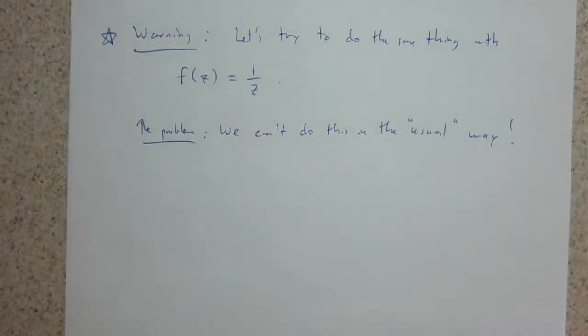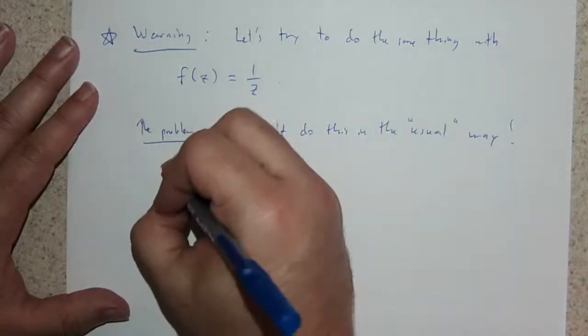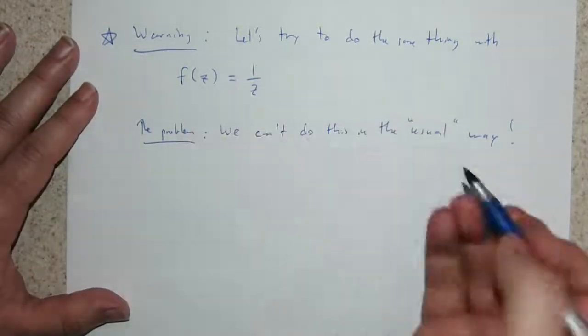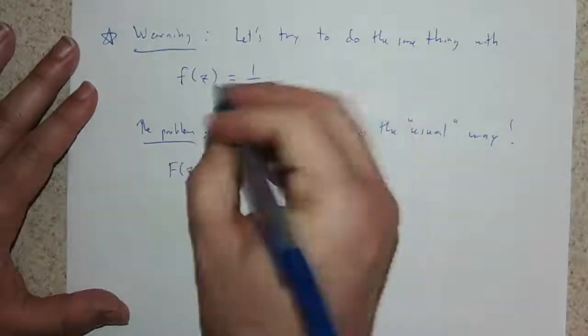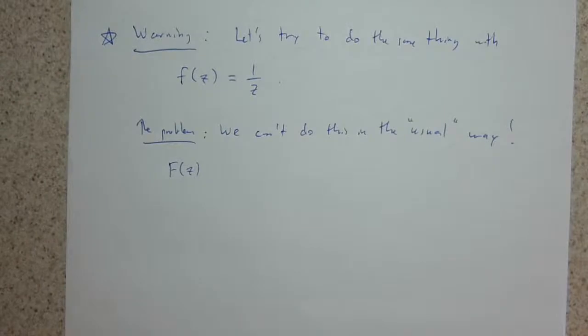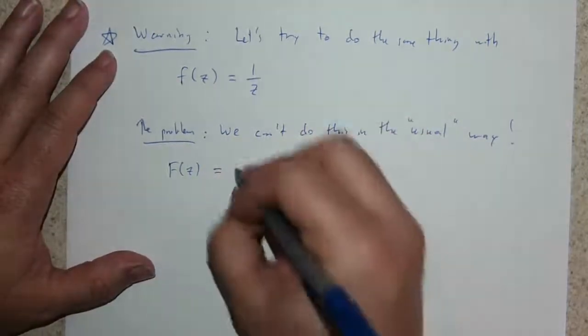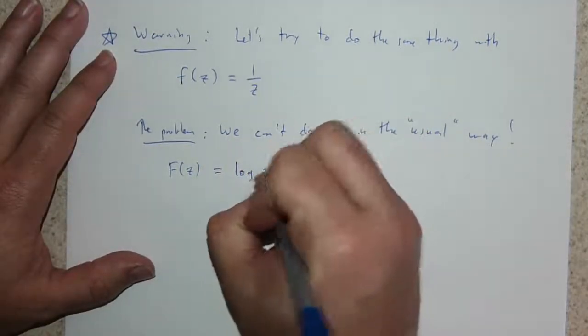Why? Well, what is going to be our big F of z? What is going to be the antiderivative of little f here? We know that this antiderivative should be log z, for which we've chosen a branch.